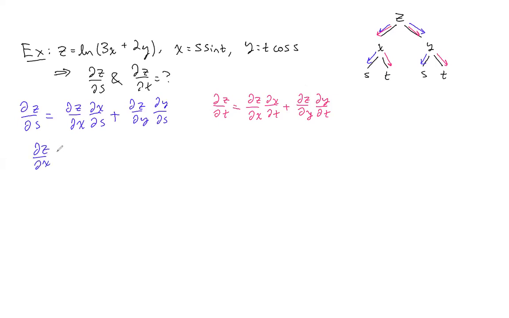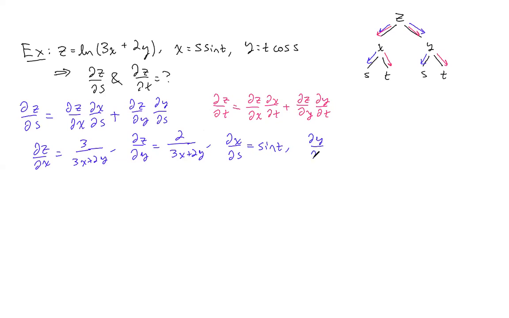Del z del x in this case is going to be 3 over 3x plus 2y. Del z del y, very similar, 2 over 3x plus 2y. Del x del s, we know, is just sine of t.